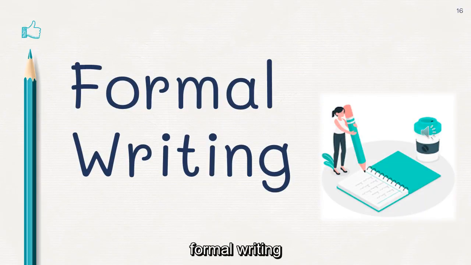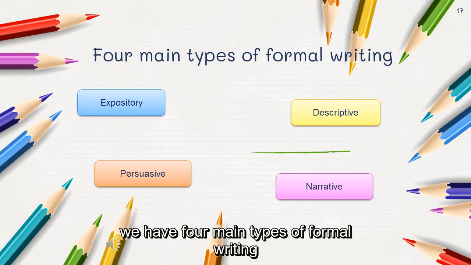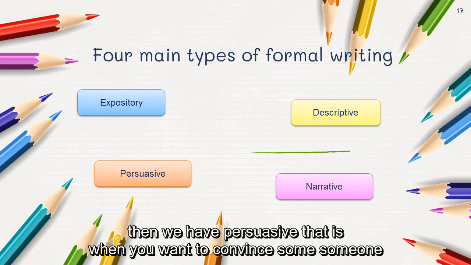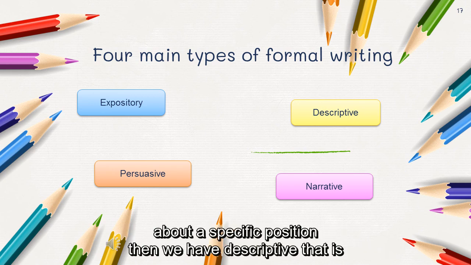Formal writing. We have four main types of formal writing. The first one is expository, that is when you want to show something. Then we have persuasive, that is when you want to convince someone about a specific position.